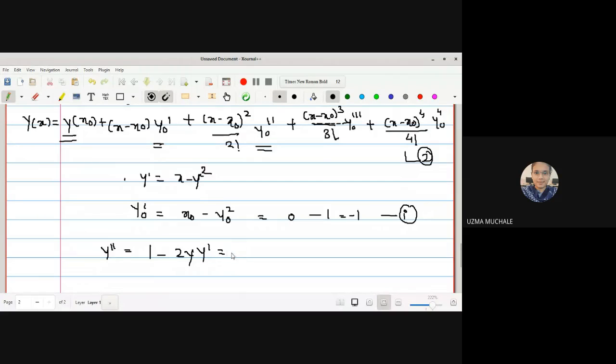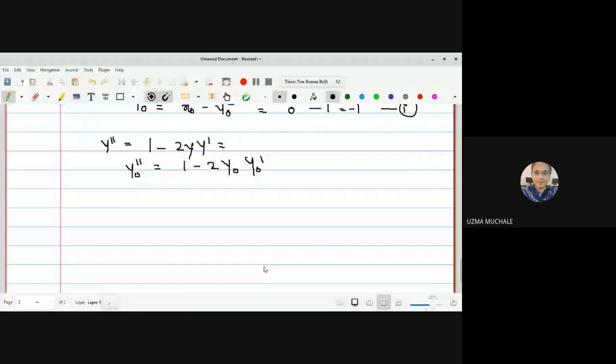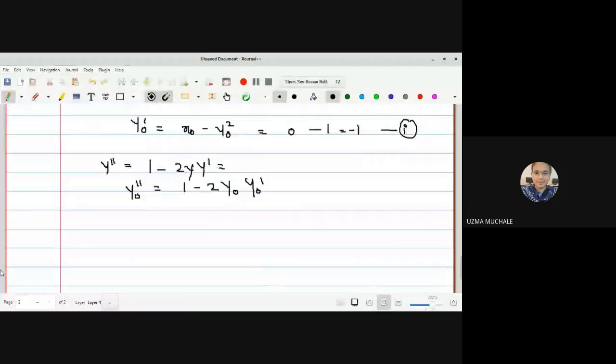Now we have to evaluate this one at x naught. Y naught double dash is 1 minus 2 y naught and y naught dash. We know already the value of y naught dash from this equation. We can write this as 1 minus 2 into y naught.